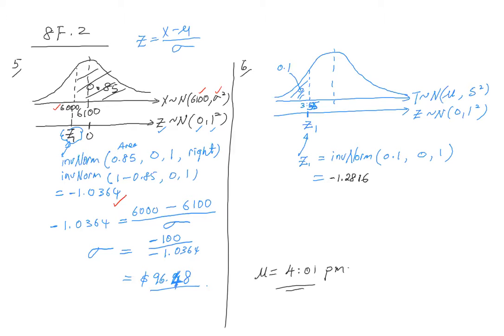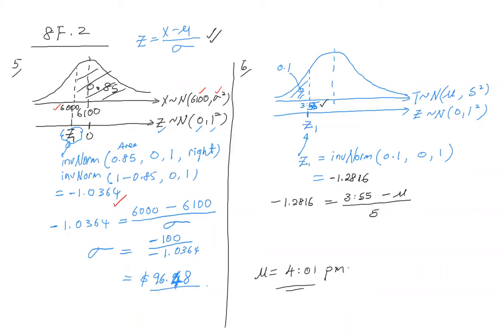Okay, so then we use back this formula. Negative 1.2816 equal to, this is your x, 3 hours 55 minutes, take away the mean, divide by the standard deviation. The standard deviation is 5, so you put there 5.